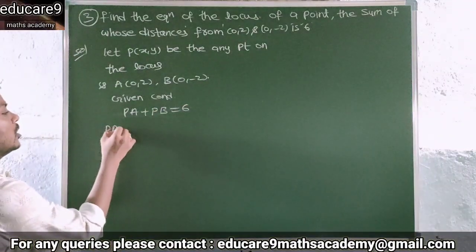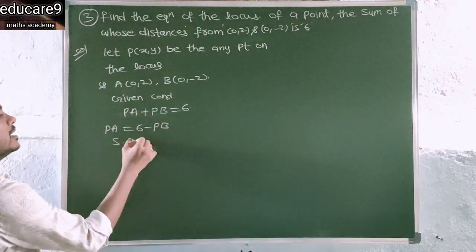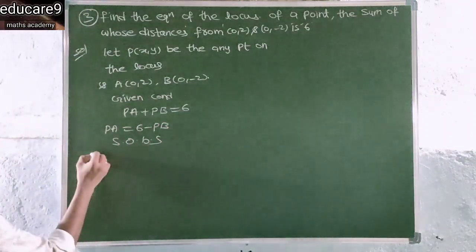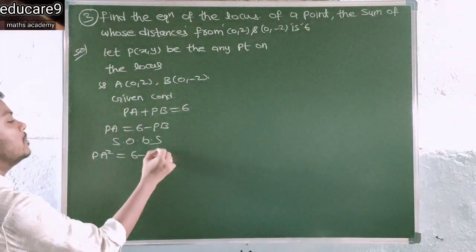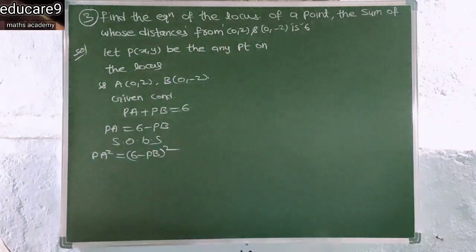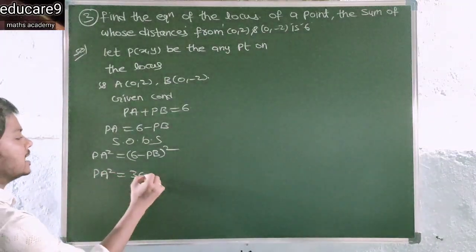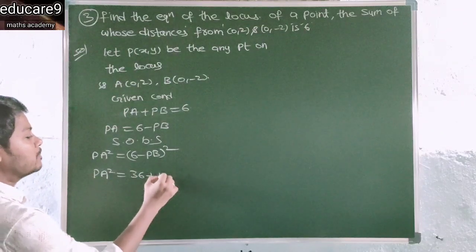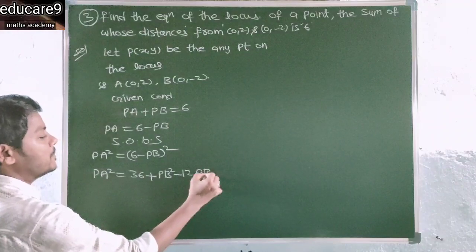Now PA is equal to 6 minus PB. Now squaring on both sides, that is PA square is equal to (6 minus PB) whole square. Now this is PA square is equal to 36 plus PB square minus 12 PB.